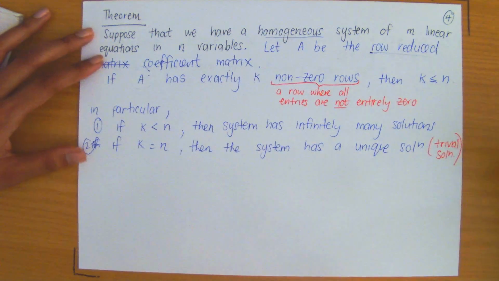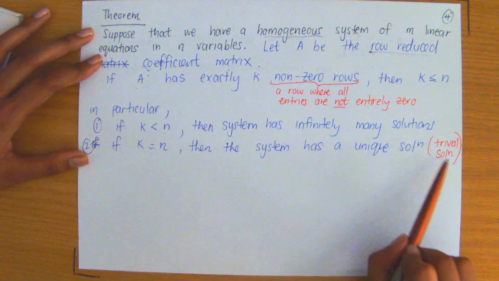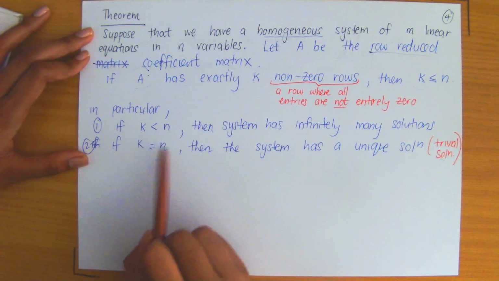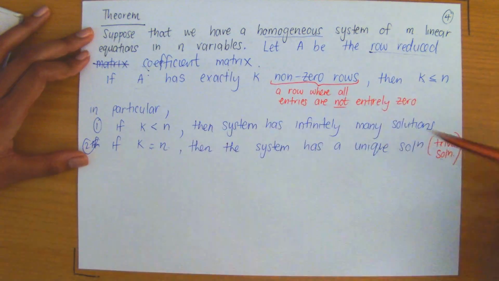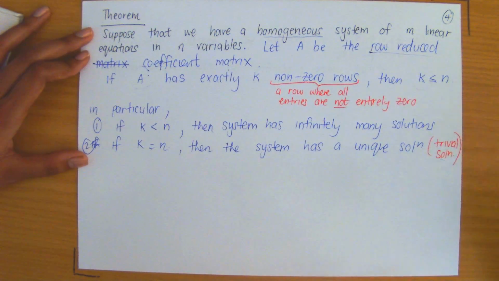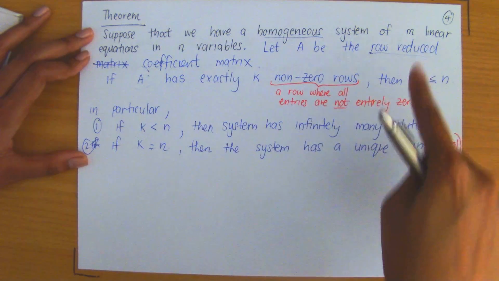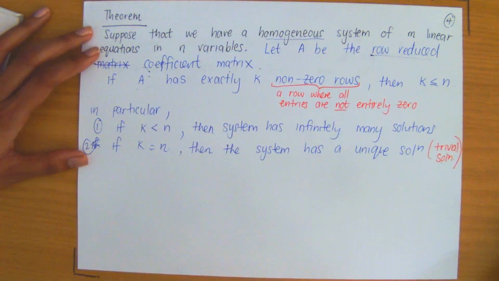So now why do I expect that the solution will always be 0 whenever the number of non-zero rows equals the number of variables? Well, remember, a homogeneous system means that the right-hand side constants are 0. So when you're writing down your augmented matrix for a homogeneous system, you are putting down zeros on the right-hand side of the vertical line.